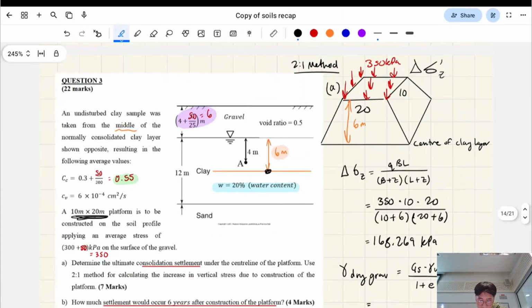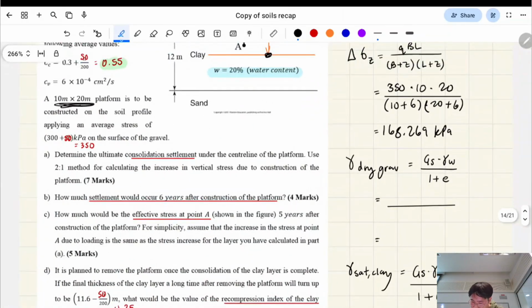Oh, by the way, sorry, the water table's here. So we're considering this as dry, considering this is saturated. Yeah. So we're plugging in the formulas. 1 plus 0.5, 17.3133 kilonewtons per meter cubed.